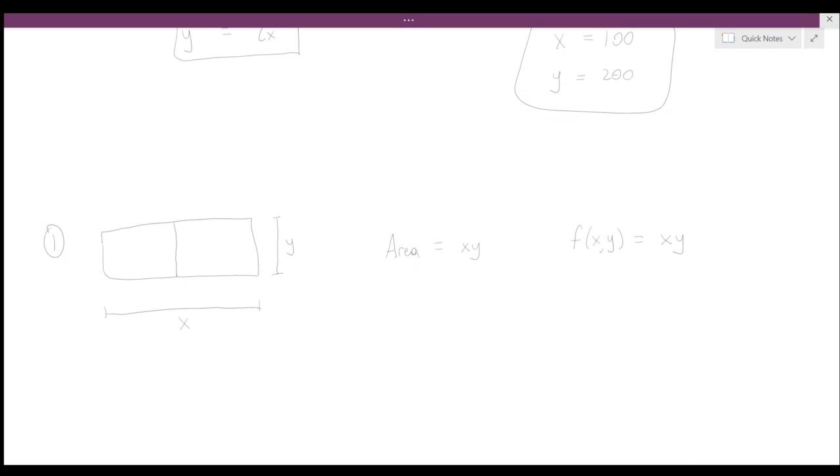And then for the constraint equation, okay, so the constraint is that we have 65 meters of fencing available. So in terms of x and y, if we think about how much fencing we're using, for these two sides of the fence, we're using a total of 2x amount of fencing for like the bottom and the top here.